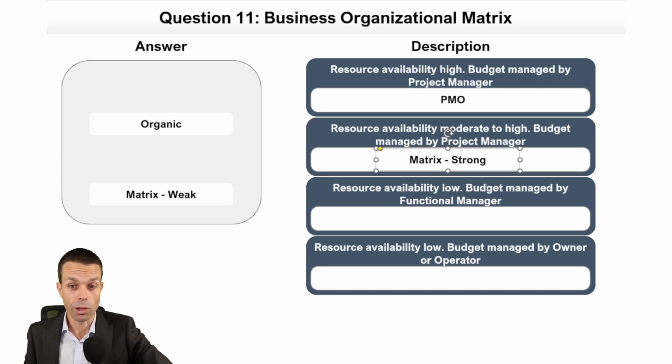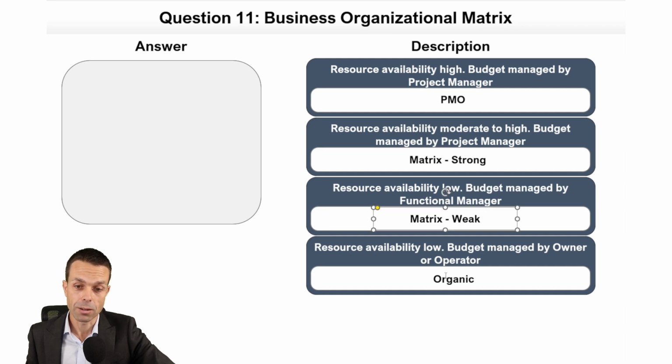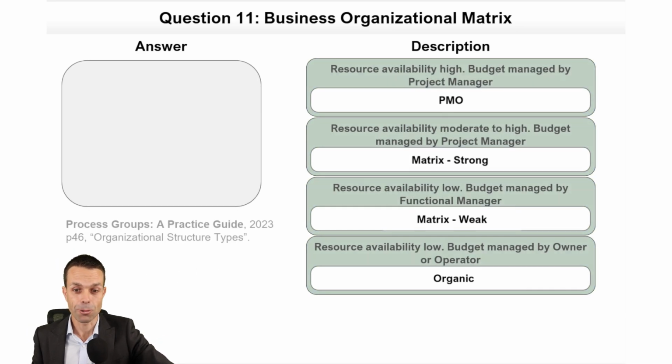Resource availability is low. Budget is managed by the functional manager. Now, I think the lowest one that we have here is organic. So remember this, in between we've got all the different matrices, matrix strong, matrix weak. That's managed by the functional manager. And then right at the bottom, we've got the budget being managed by the owner or the operator instead of the PMO. Let's quickly check this and see how we go.